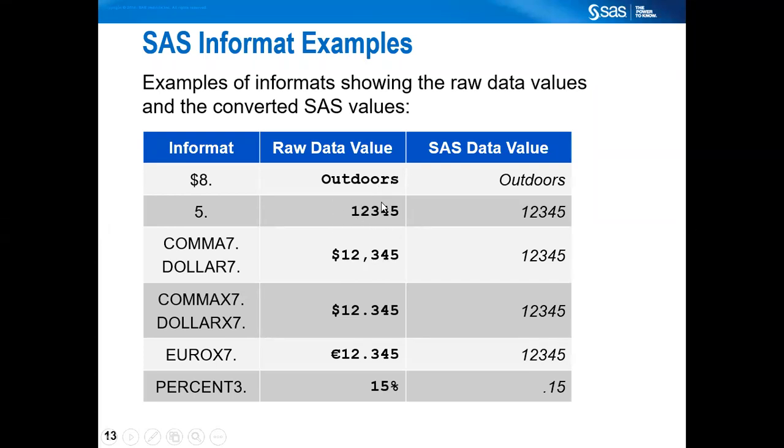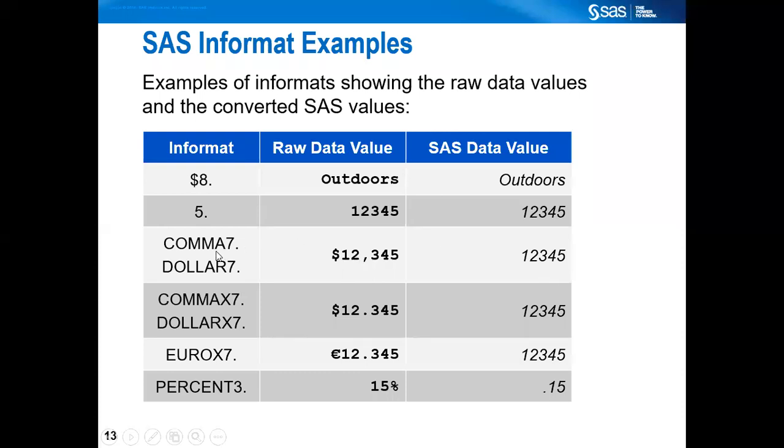So these are standard numeric and character values. It will read them as they are because there are no special instructions or special values for these. But now when you come to this type of numeric value where you have some special values, you give the informat to read, comma7. or dollar7., and it will save it as a number, because comma7. will read it to remove your special signs and save it as a simple number.